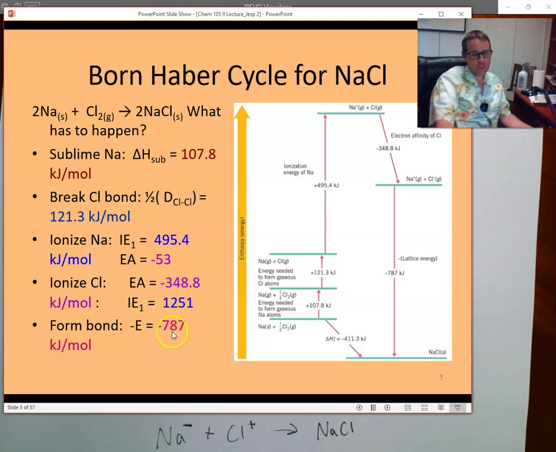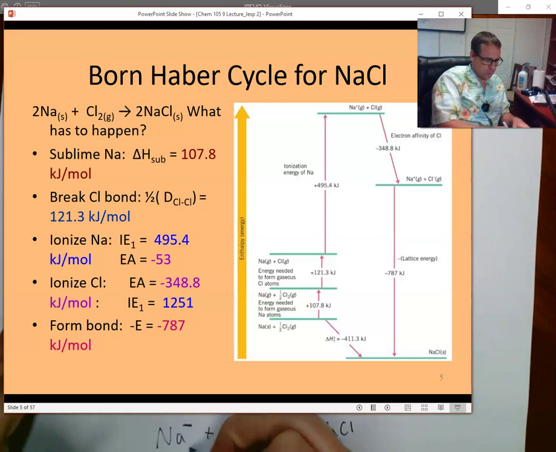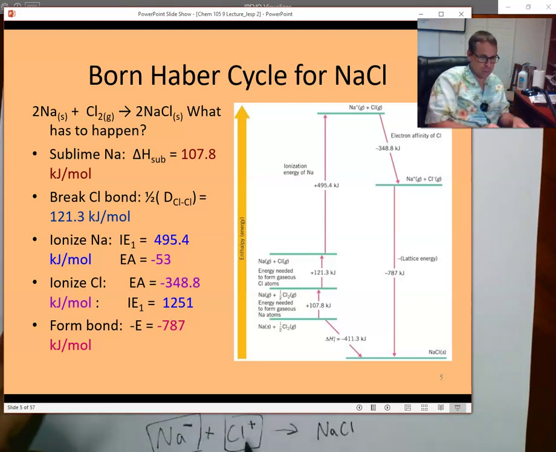And the forming of the bond would still release this 787 kilojoules of energy. But because it's going to require 1,251 kilojoules to remove an electron from chlorine, there's no way that sodium is ever going to form a negative charge and have chlorine release that electron, because it takes too much energy for chlorine to give up an electron.